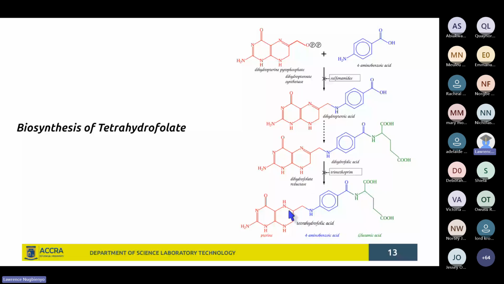So that's a reduction reaction there, and it's an acceptance of a proton. It's one of the reactions which we looked at when we were looking at the classification of enzymes, that is, addition of groups that removes double bonds from molecules.